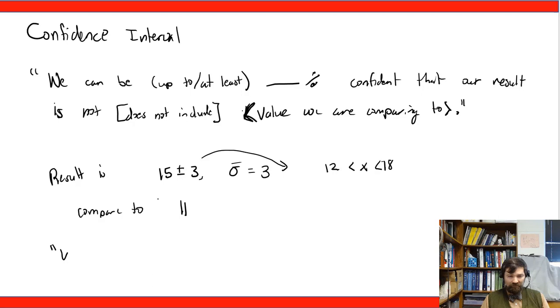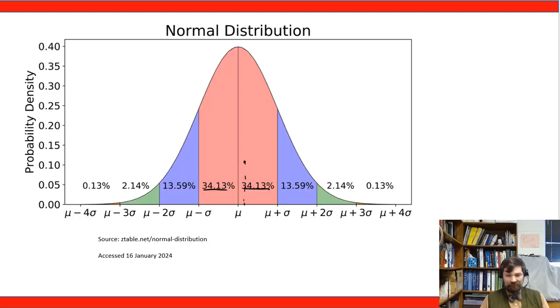So we can be, in this case we'd say at least 68.26. I'm basically just adding these two together, or in other words doubling this number, since these two numbers are the same.